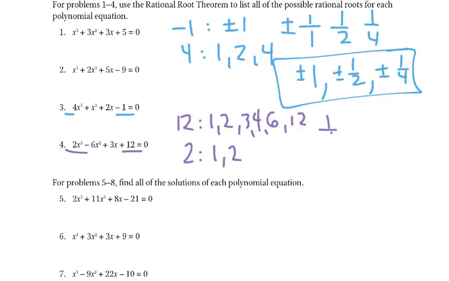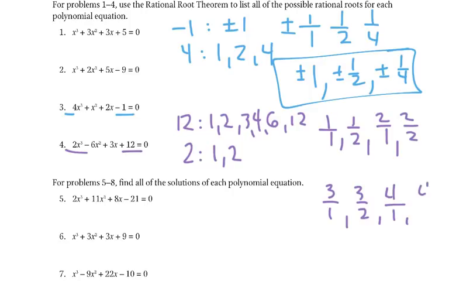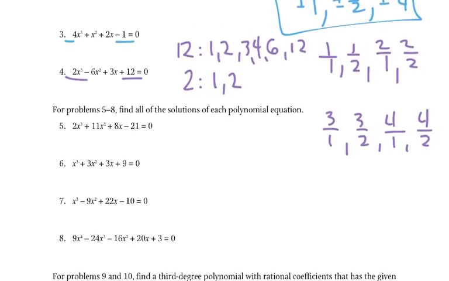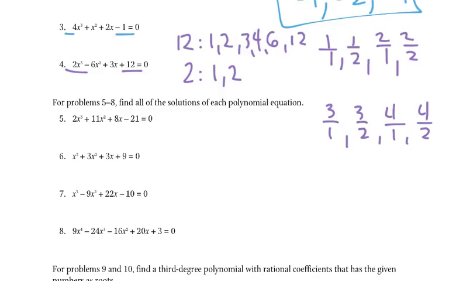So we could go 1 over 1, 1 over 2, 2 over 1, 2 over 2, 3 over 1, 3 over 2, 4 over 1, 4 over 2, 6 over 1, 6 over 2, 12 over 1, or 12 over 2.